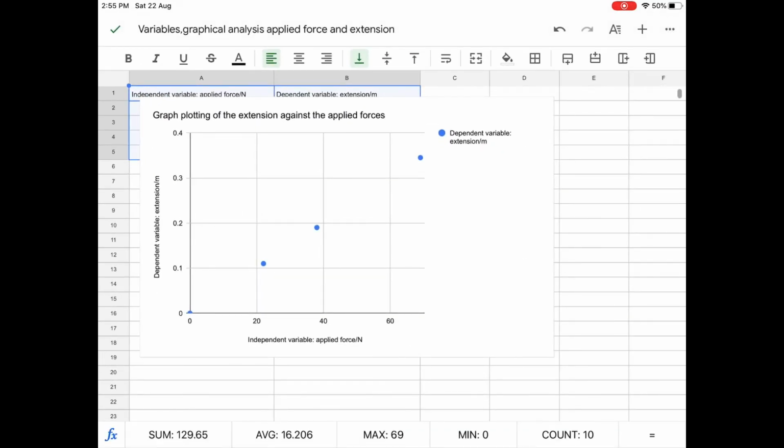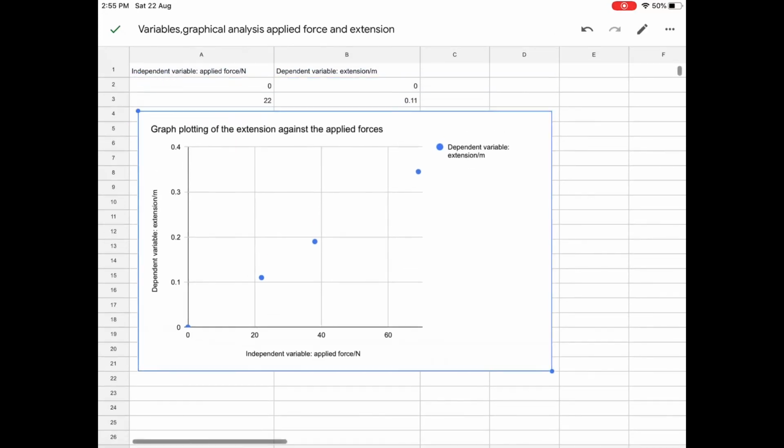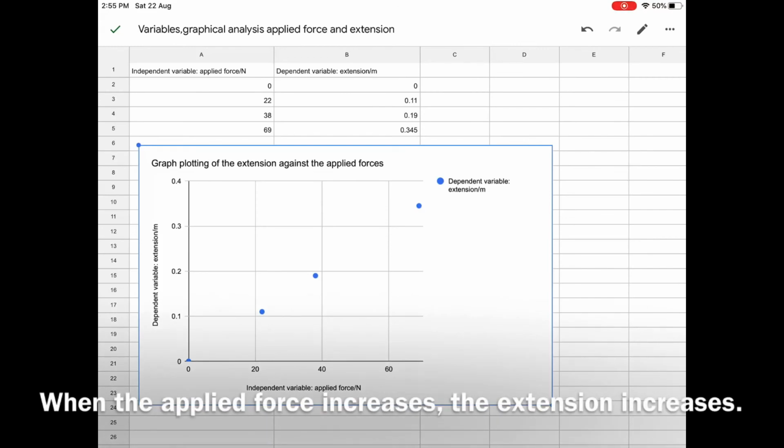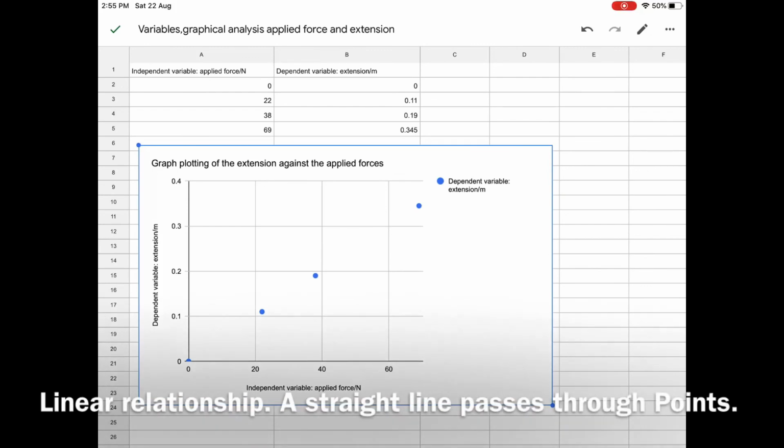After you have this graph, I think you can observe a trend already. First of all, when the applied force increases, of course the extension of the spring increases, and then you can see somehow a linear relationship.